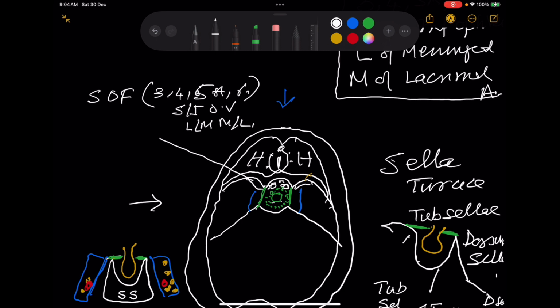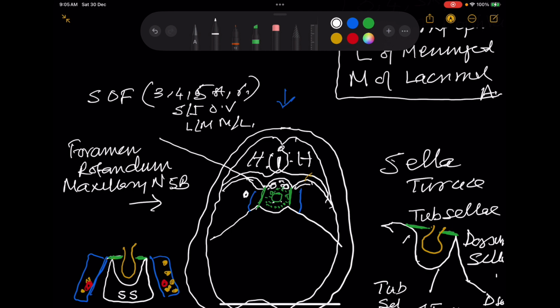Then the next foramen that you see here is the foramen rotundum, which passes the maxillary nerve, or the fifth B.